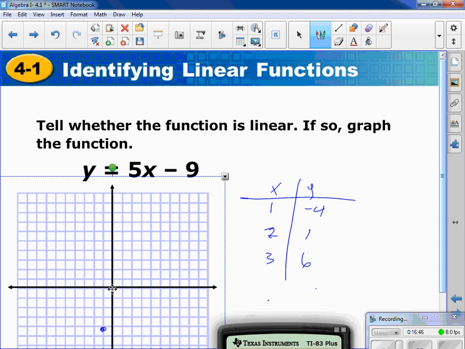Great thing about technology, I can fix it. 2, 1, and 3, 6. I could take and draw a line. It's linear. We're going to be doing a lot of graphing this chapter.